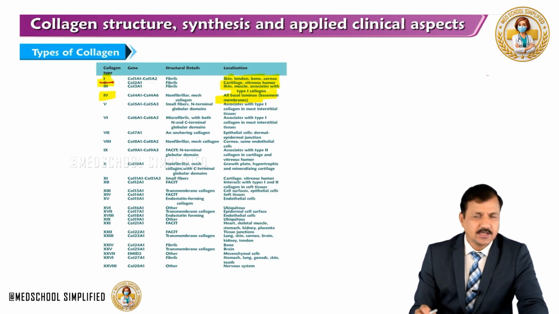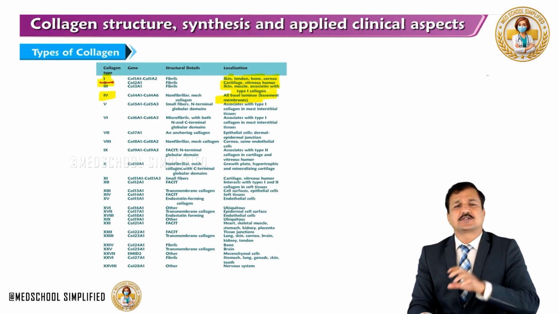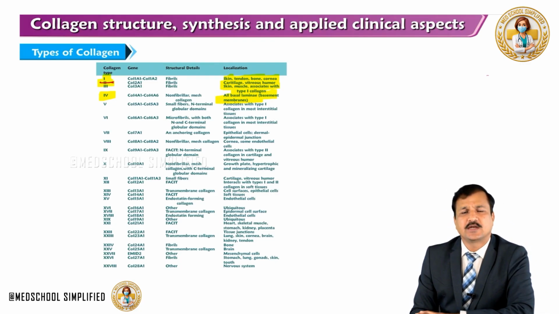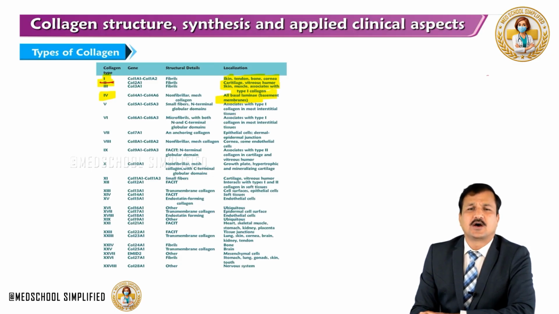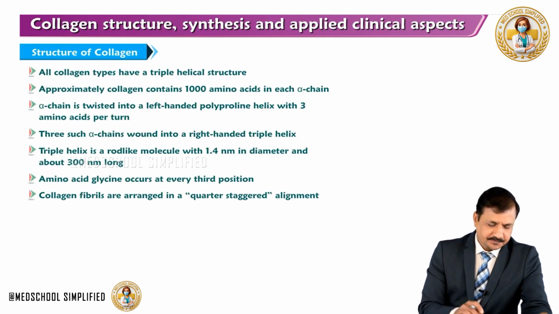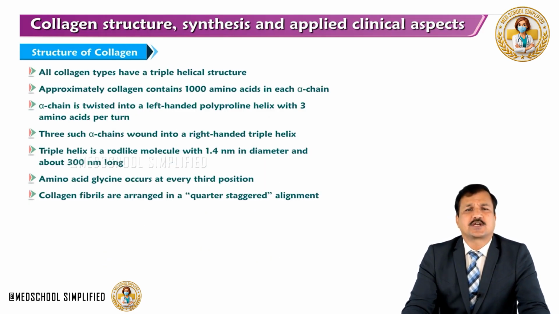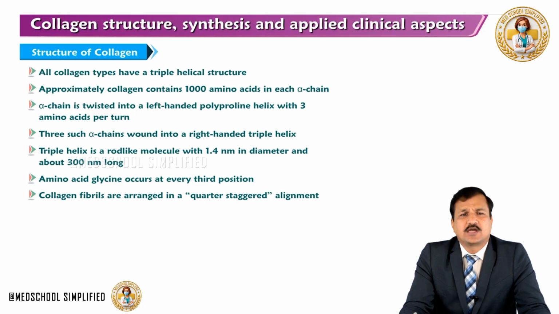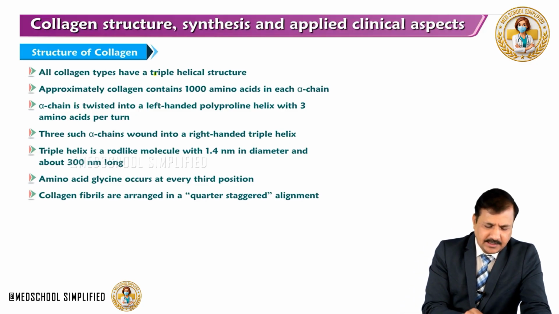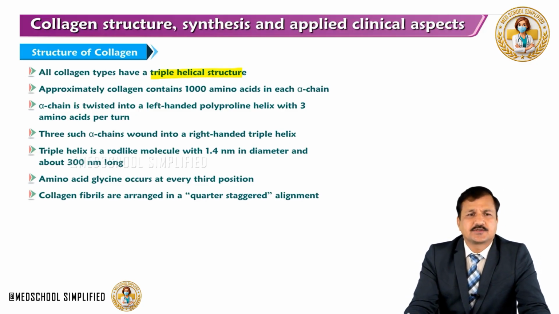So these are some examples of collagens located in certain organs and tissues. Moving on, looking at the structure of collagen. All collagen types have a triple helical structure. That's the first point you should remember about the structure of collagen.